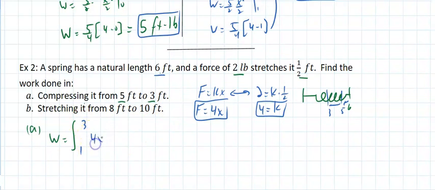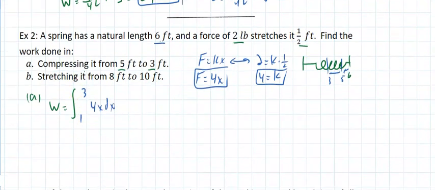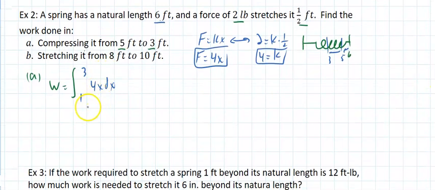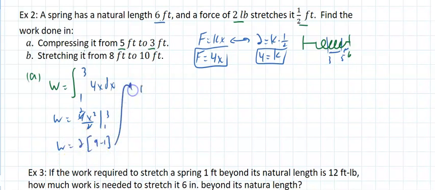Well, we already figured out that the stiffness of this spring is 4. So this is 4x squared over 2 evaluated from 1 to 3. Work will be 2 times 9 minus 1. The work done would be 16 foot-pounds.